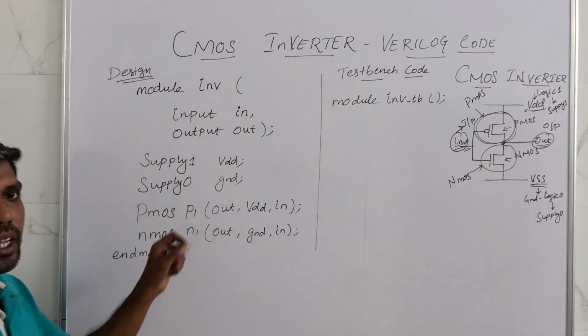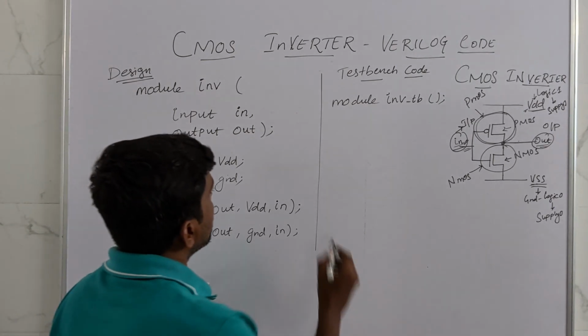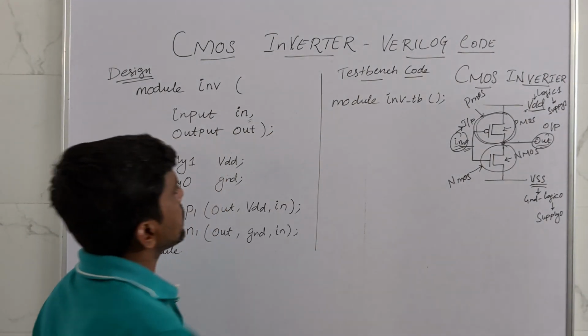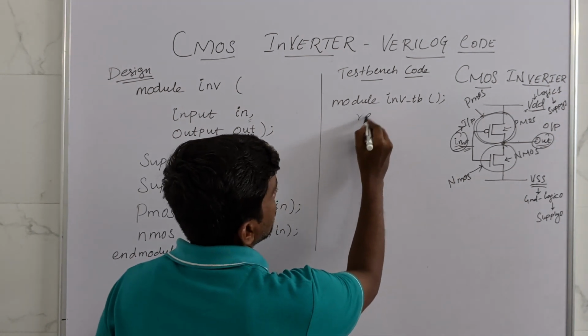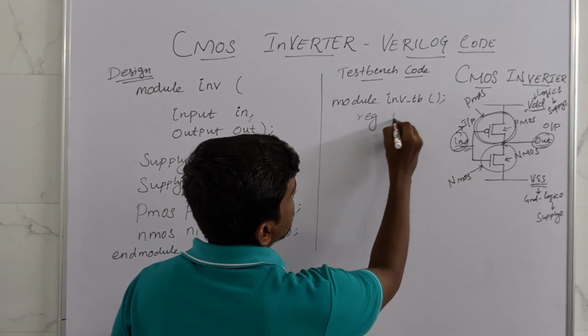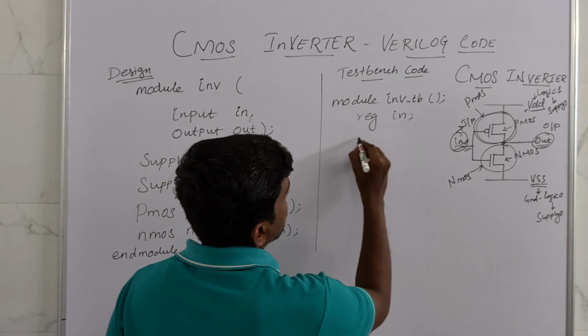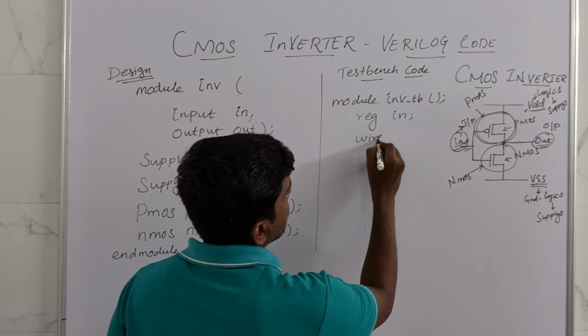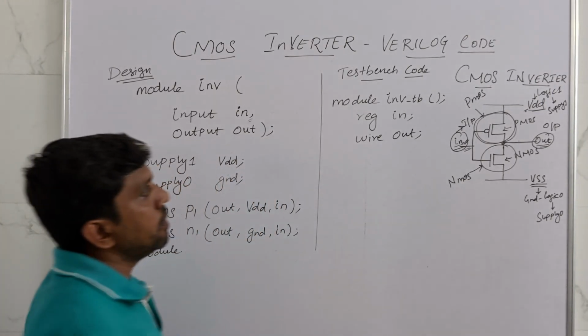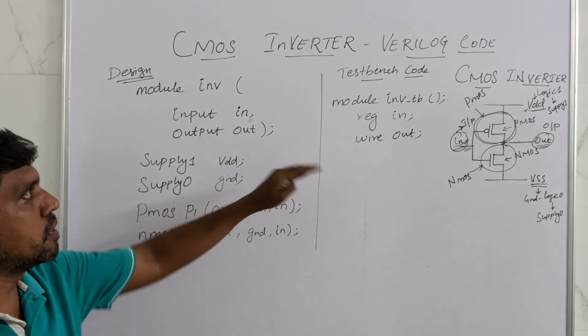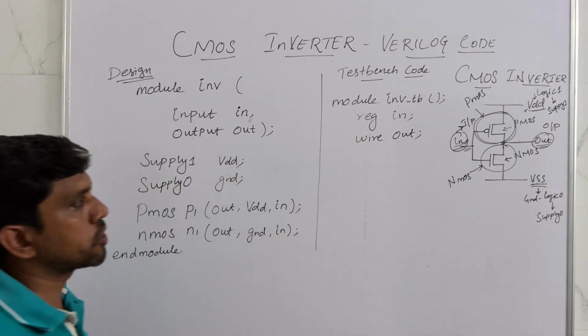Then the declaration of input and output. In the design code, input is a wire and output is a wire. In the test bench code, in is a reg, and out is a wire. Then the next step is the instantiation. Just link the design code and the test bench code.